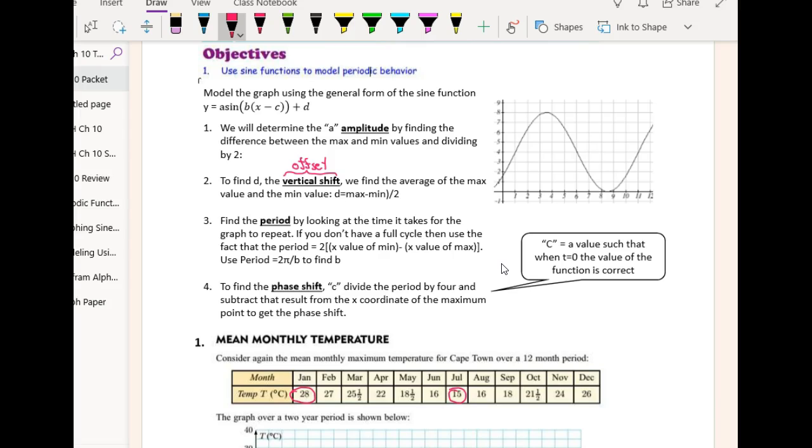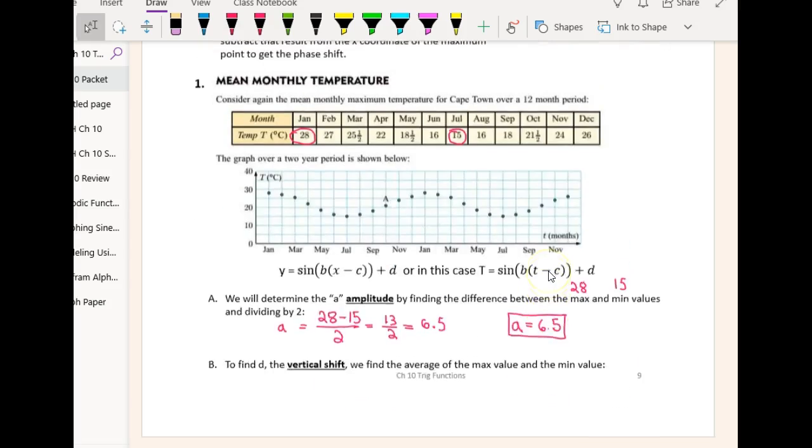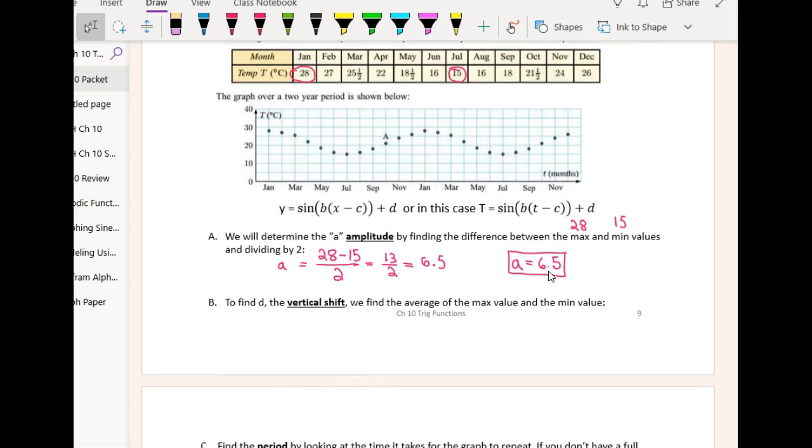This should be the average of the two, so we better make that a plus, not a minus. So we're going to find the average between 28 and 15. Our D value, our offset, is going to be 28 plus 15 divided by 2.